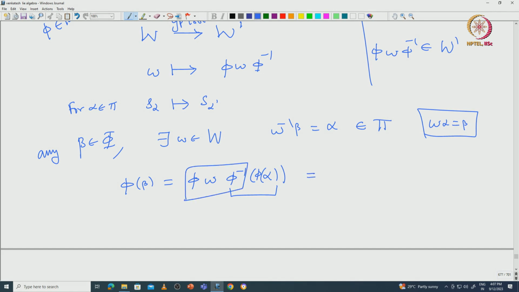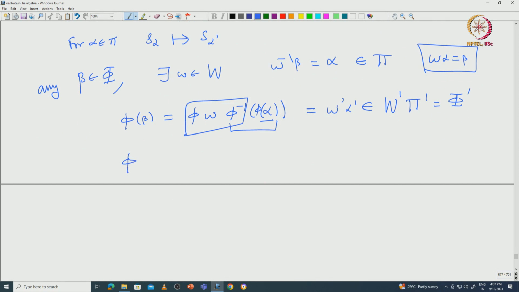These things can be combined as W', which is an element of capital W', and π(α) is an element inside Π'. So this is W' α', which is an element inside W' Π', which is exactly Φ'. So that means π(β) is inside Φ' for all β inside Φ.